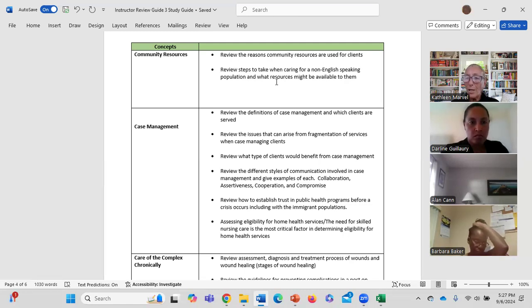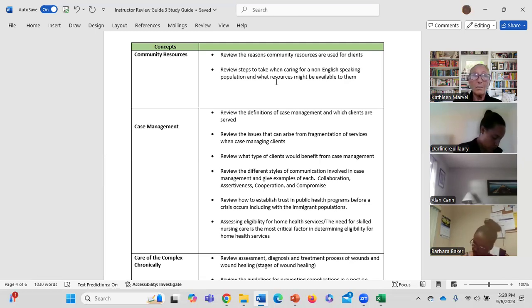Right. And each client we work with is going to need different resources based on their medical condition, their diagnoses, maybe their income level. Maybe they're living in poverty and they need access to food banks or clothing banks.